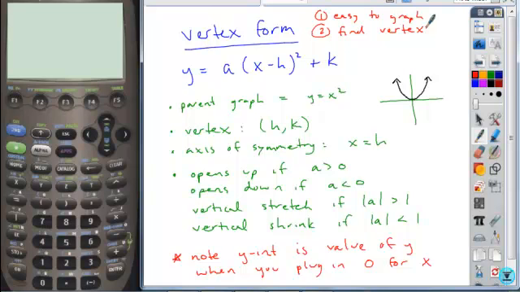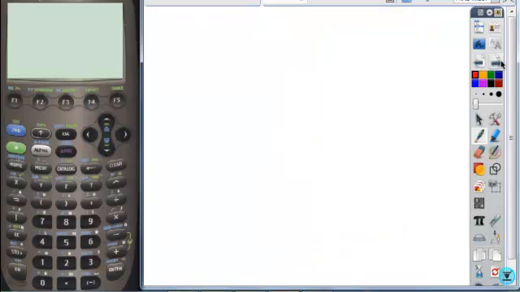So vertex form, if you had to choose a form, is very useful if you need a quick sketch for the graph or if you need to find the vertex. It's not very good at finding the y-intercept, and it's not very good at finding the x-intercepts either. Okay. All right, so let's take an example of solving a problem or graphing one of these.